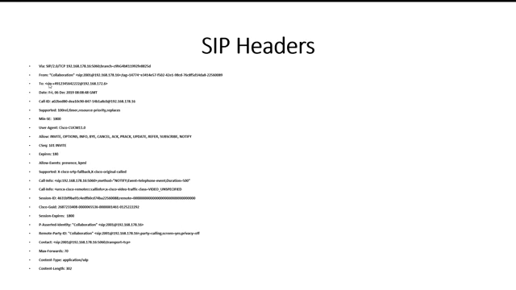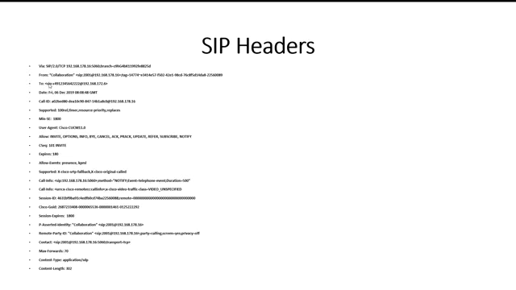Okay, and then it will tell you the sequence. So how many invites it has already sent and what is the number of the invite that the call is using, for the CSeq.